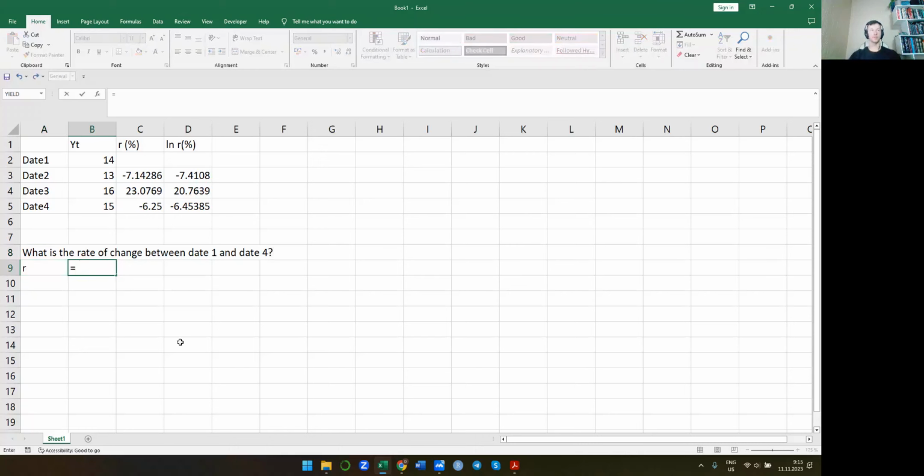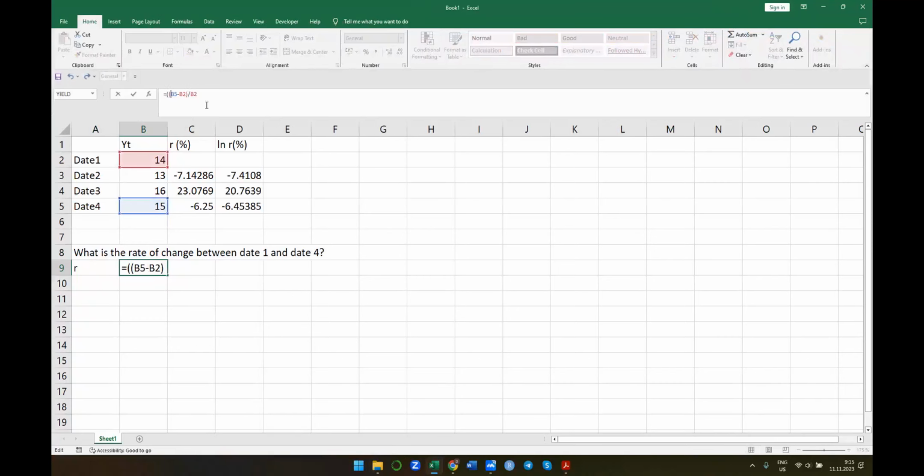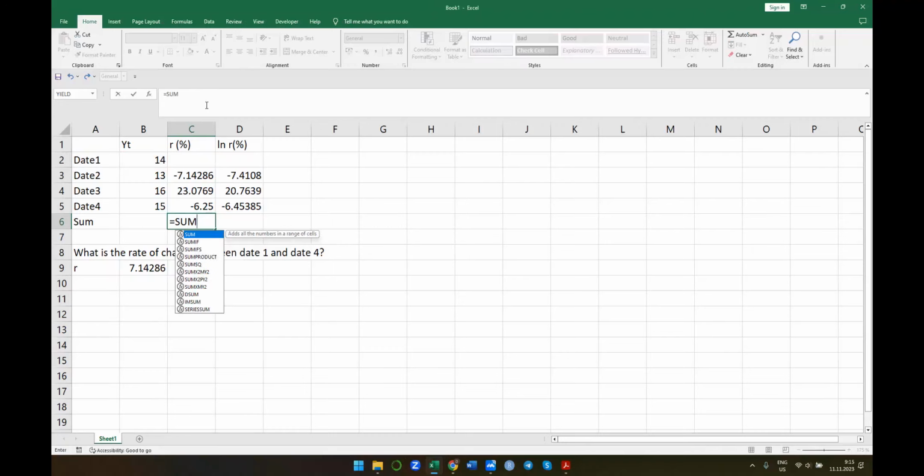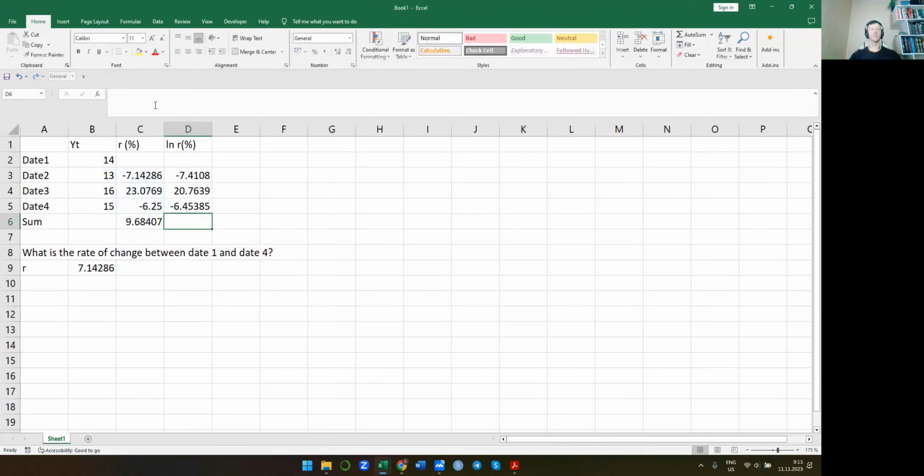In order to compute this, I need to take 15 minus 14 divided by 14 and have this. So this is the most correct way to compute the rate of change between date 1 and date 4. So now, if we sum these things, what do we have?